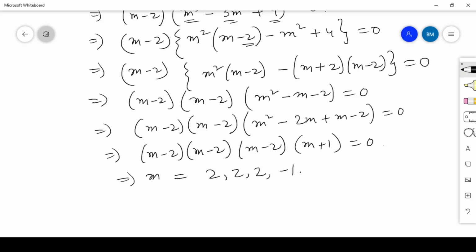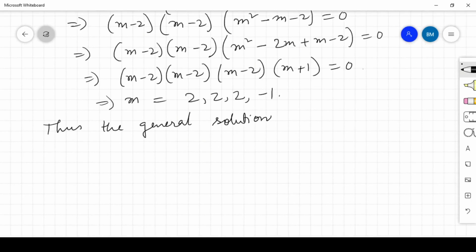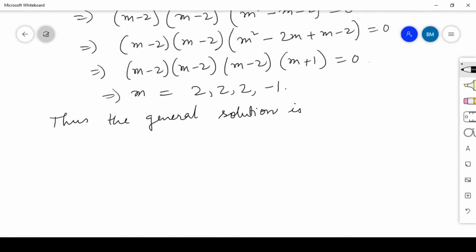Therefore, the general solution of equation 1 is y equal to (c1 plus c2x plus c3x square) e to the power 2x, because 2 is appearing 3 times, a threefold repeated root.